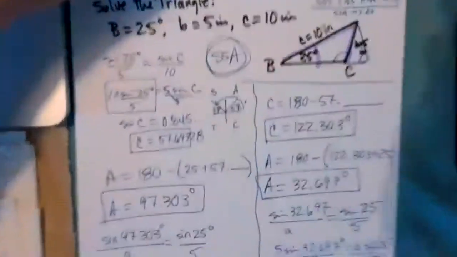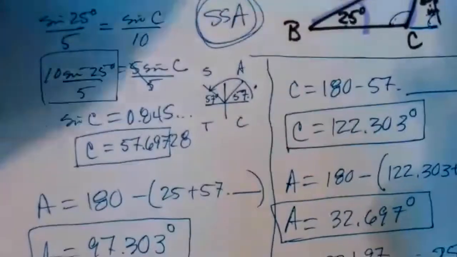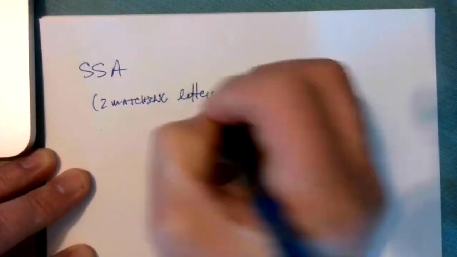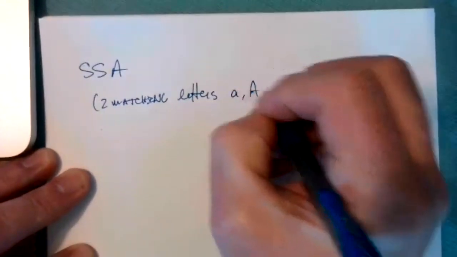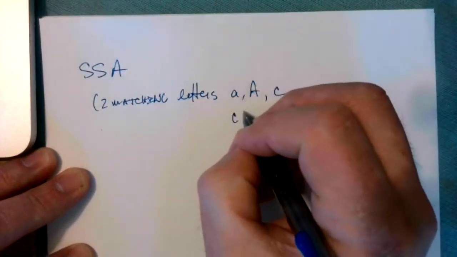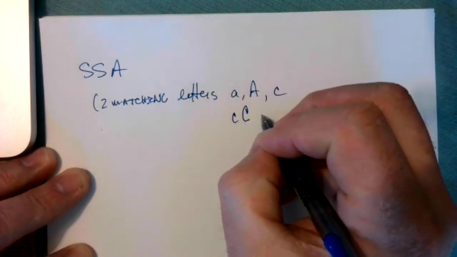Just to recap what happened. If you have side-side-angle, what it will look like in the list is two matching letters, like A and then another side, or it might be C, C, and another side.